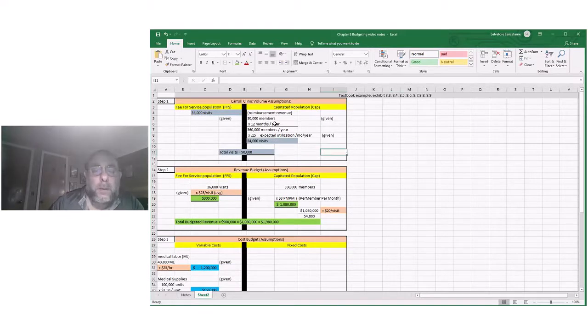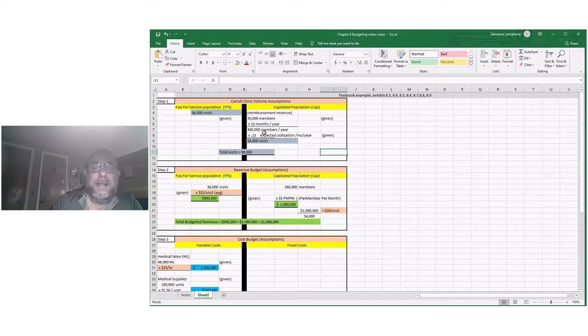Where did I get this, 360,000 members? Well, it's 30,000 members per month, and obviously there's 12 months in a year. That's where the 360,000 came from. They have to tell us, or it's actually calculated, but for us, it's something that will be given to us in these problems if we need to go here. So there's about a 15% expected utilization per member per year.